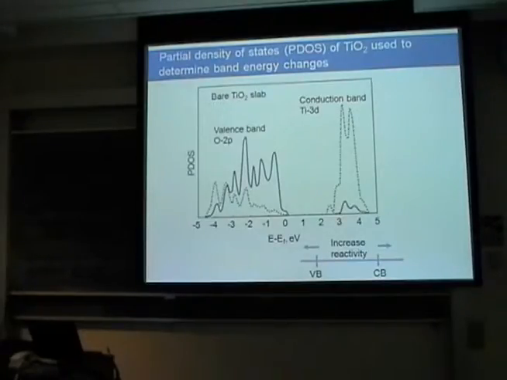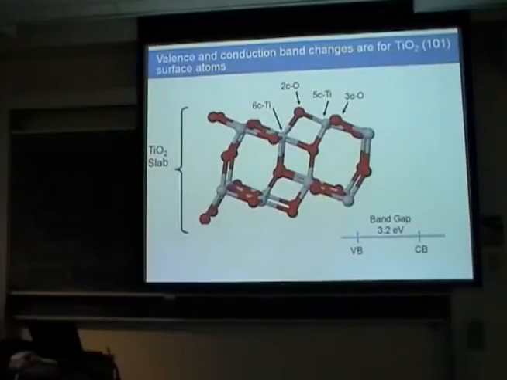We'll take a look explicitly at this trade-off for water splitting, but it comes up here: increasing reactivity corresponds with a greater distance between the valence band and the fixed potentials that lie in here for the oxidation and reduction reactions. Okay, so this is the band gap for TiO2, and we're tracking the electron density of the surface atoms to see where they are, because you need the difference to exist between the potential for the reaction and the energy of the electrons and holes of these atoms.